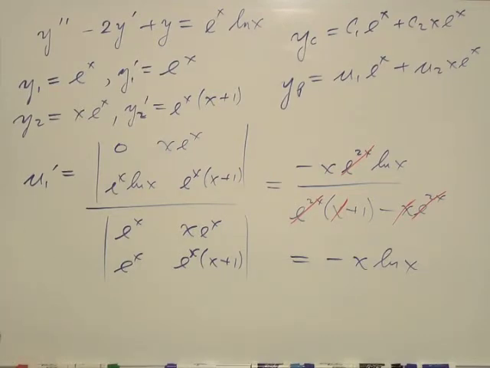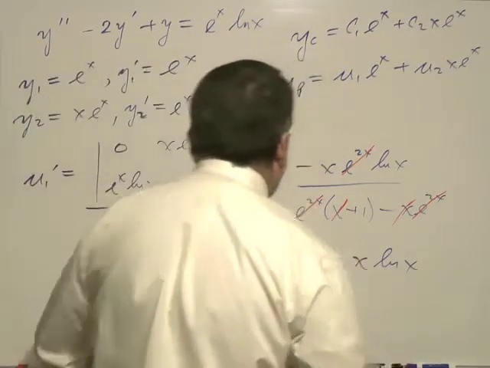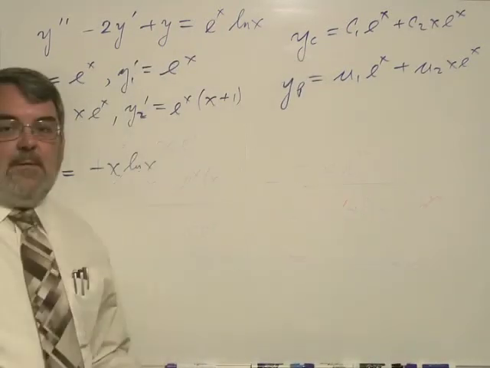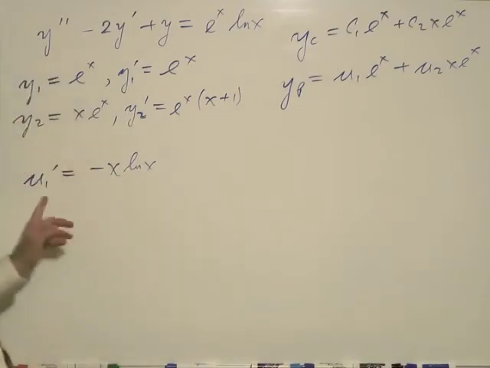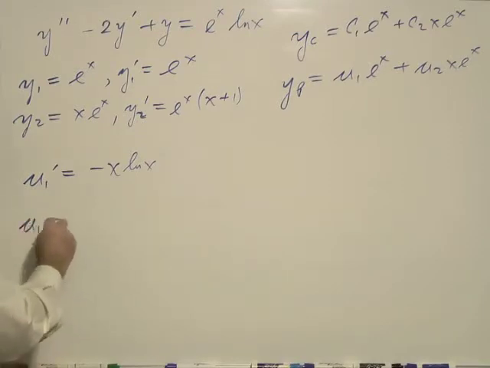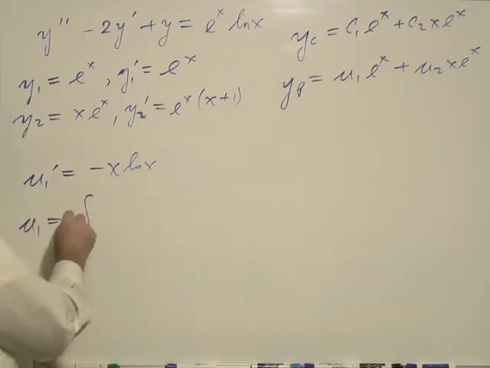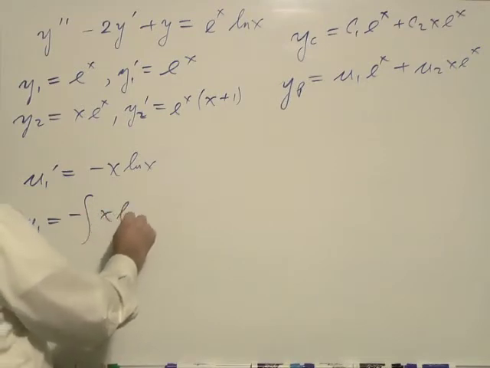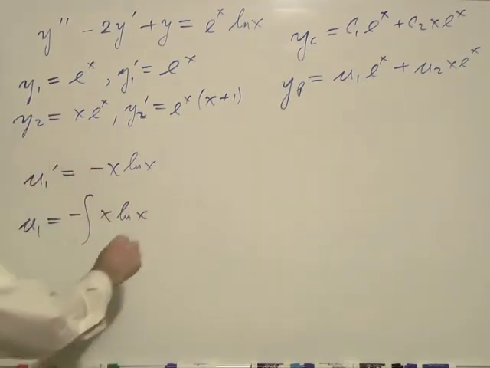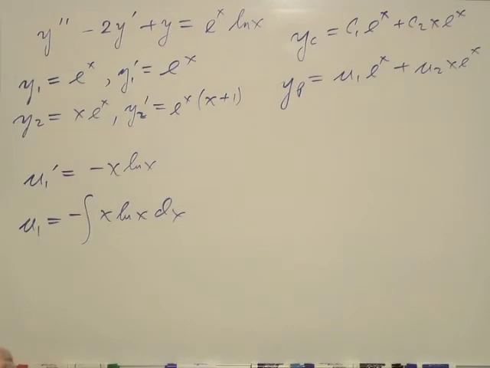There we go. We still have to do an integral here. We have to integrate that in order to get u1. So let me do a little erasing here. We have u1' = -x ln x, which makes u1 equal to the integral of -x ln x dx. How do we do that?